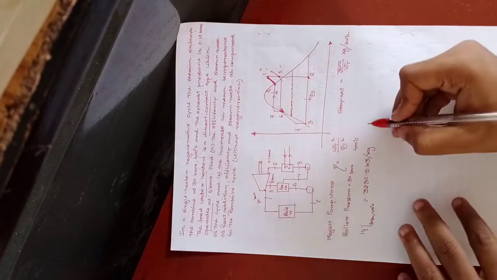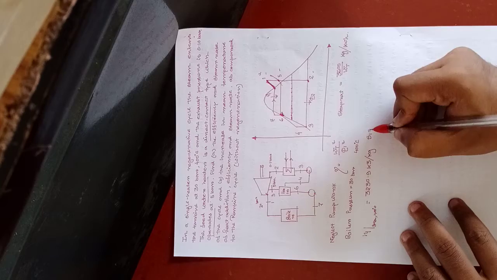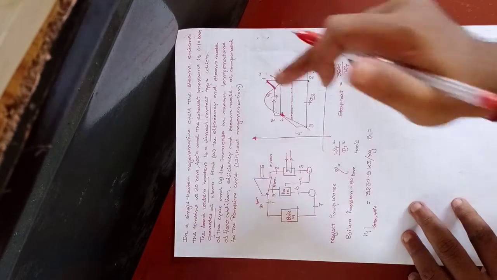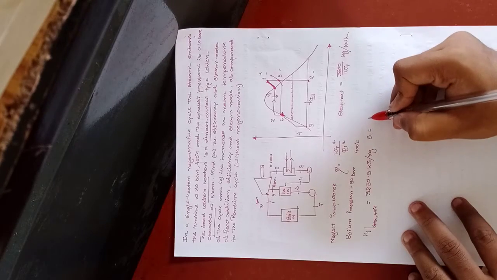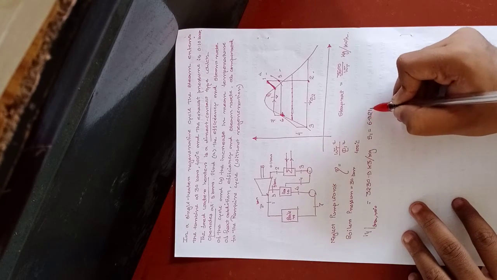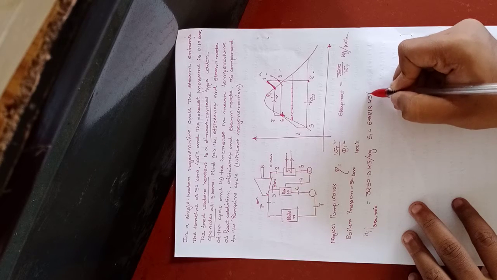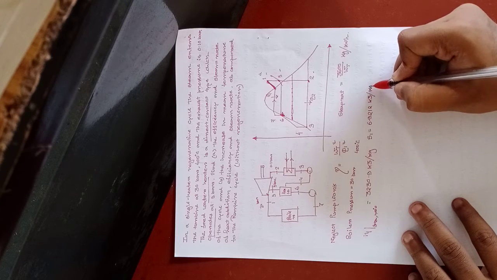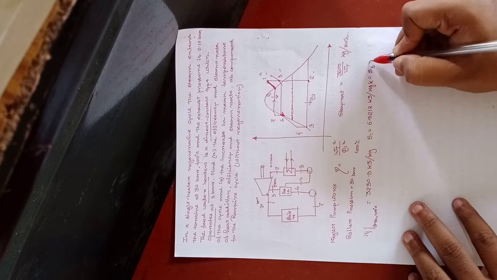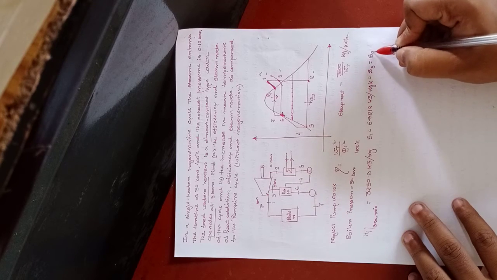What will be S1? S1 we have to always remember, because from S1 we will find out S2, S3, S5. S1 is 6.9212 kilojoule per kg Kelvin, which is the same as S5, because this is an isentropic process, and the same as S2.